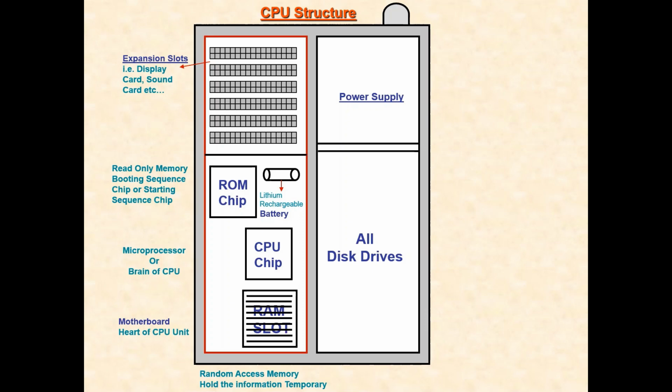Accordingly, when you press the start button on the CPU, the power supply gives control to the motherboard. The motherboard first gives control to the ROM chip, and the ROM chip has a booting sequence instruction, and it starts the computer for you, till you get the start button in the Windows operating system. This is the role of the ROM chip.